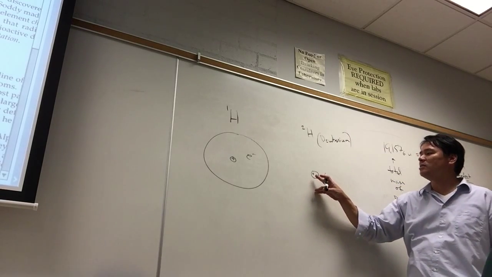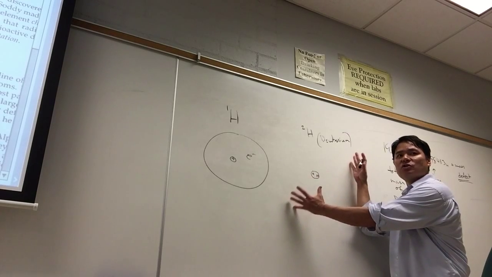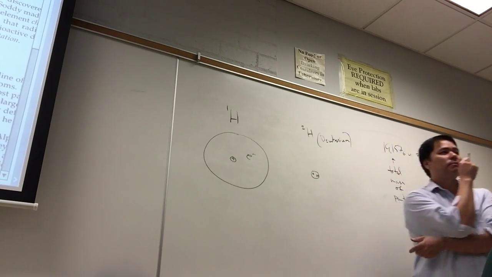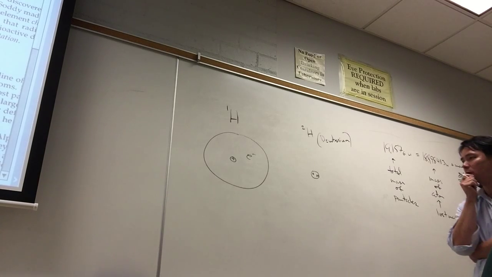Now that it has a proton and a neutron, is hydrogen 2 a bigger atom, a smaller atom, or the same size atom? Hydrogen 2, what would you say, bigger atom, smaller atom, or the same size atom? Smaller? Why would you say smaller?